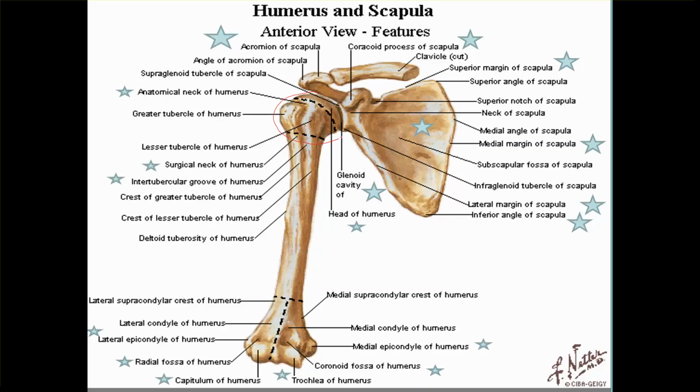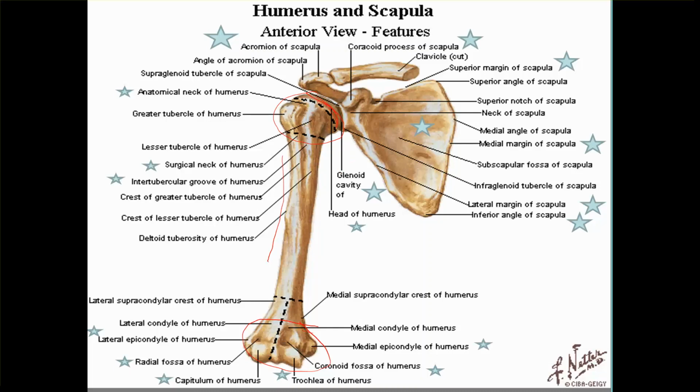This is called the shaft of the humerus. And this will be called the lower end of the humerus. In the upper end we have the head. This is called the head of the humerus, the one which articulates with the glenoid cavity.